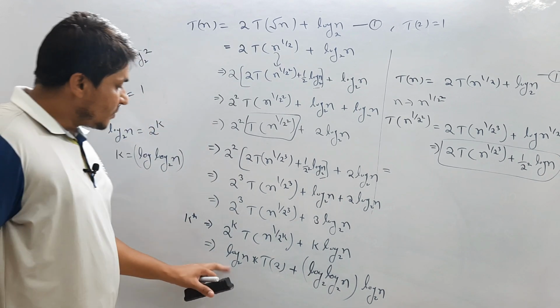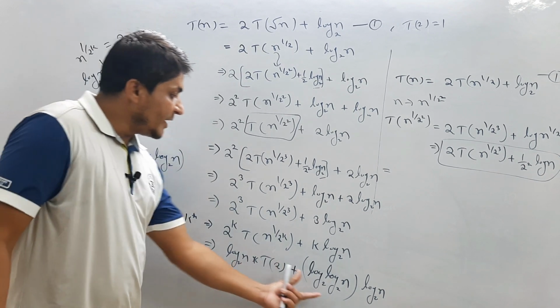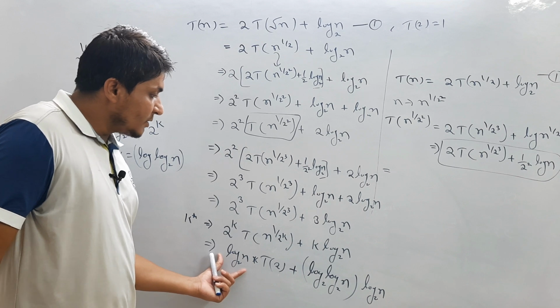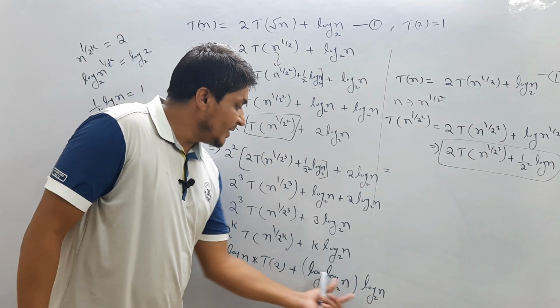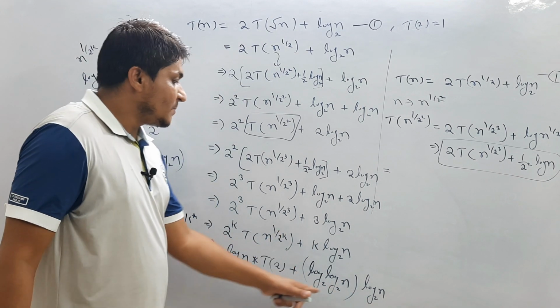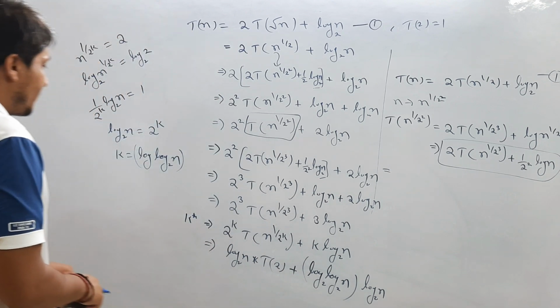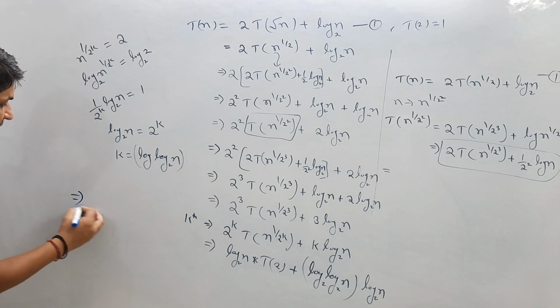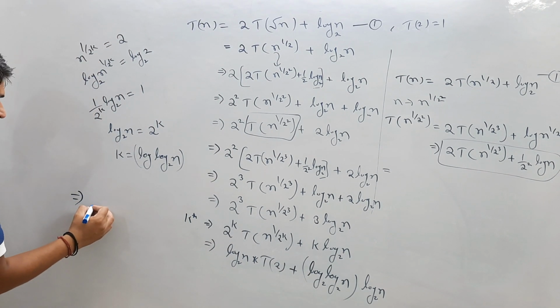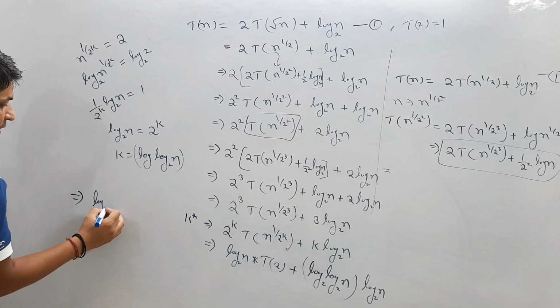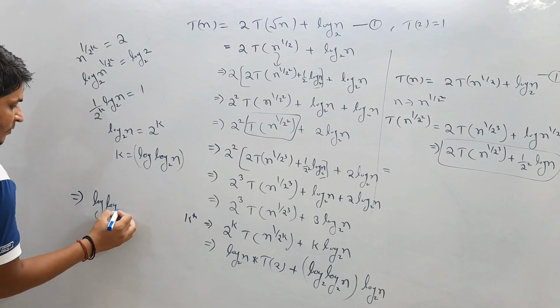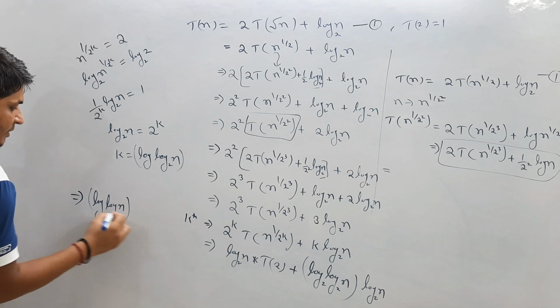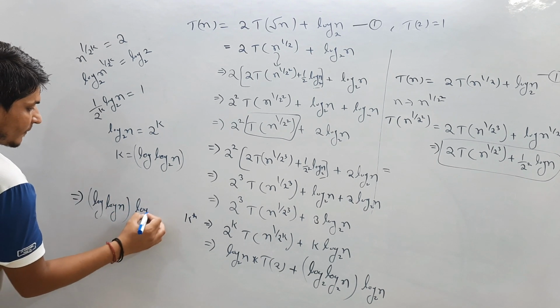Now which term is the dominating term in this? Here we have log n, and here we are multiplying with log n, so this part is definitely greater. So what will be the time complexity? The time complexity is going to be log n into log n.